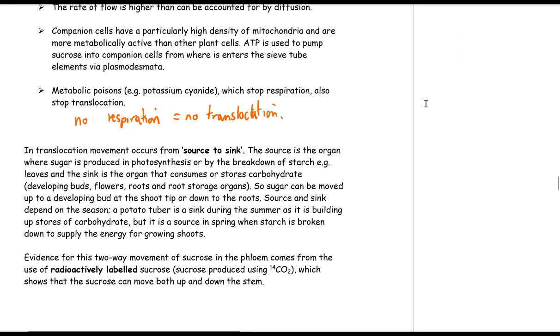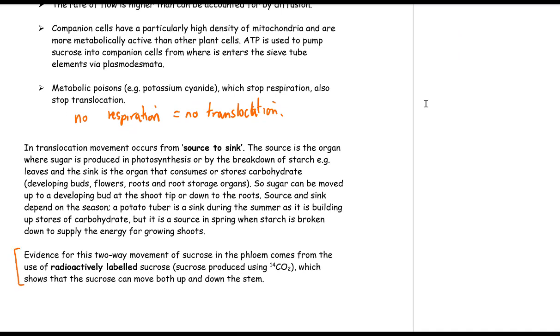Now, I'm going to skip down here a bit. How they can actually tell whether or not translocation is taking place is by using radioactively labelled sucrose. This is sucrose produced using carbon dioxide with the carbon-14 isotope, which shows that sucrose can move both up and down the stem.